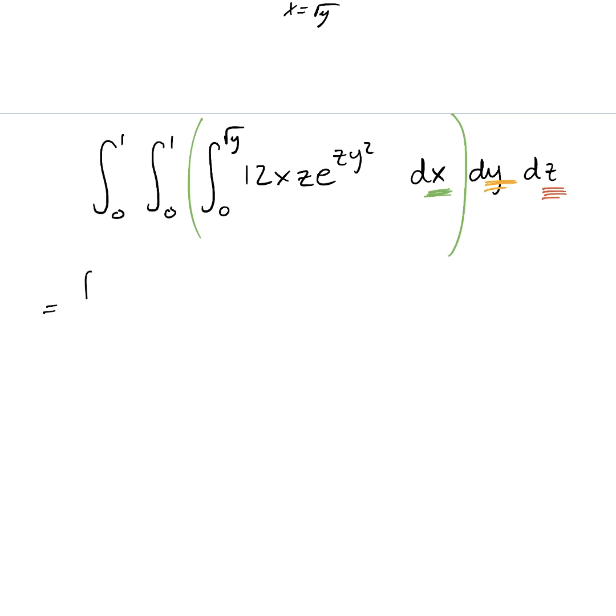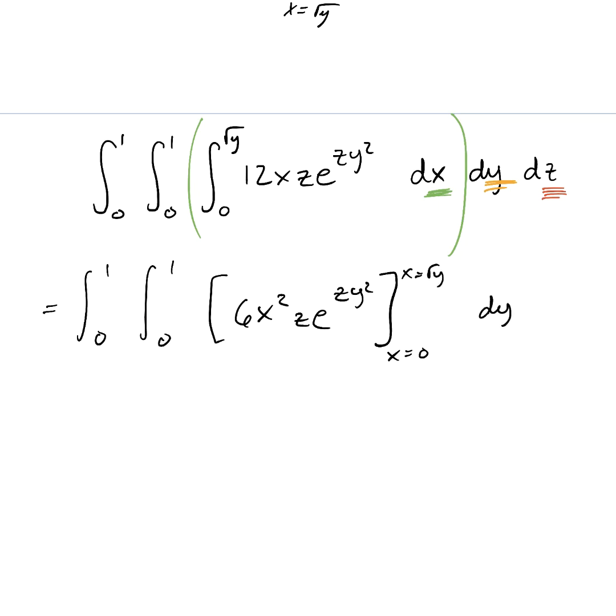So let's see if we can do it. Remember, innermost integral first. Let's see, integrating with respect to x, that's going to give us 6x squared z e to the zy squared, evaluated from x equals 0 to x equals root y. Haven't touched the middle or outer integral yet.